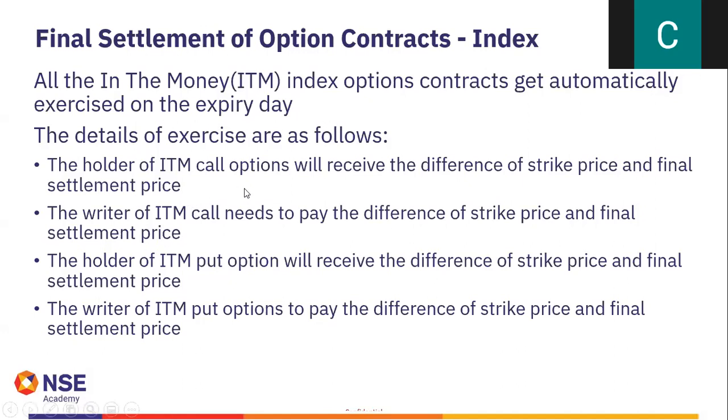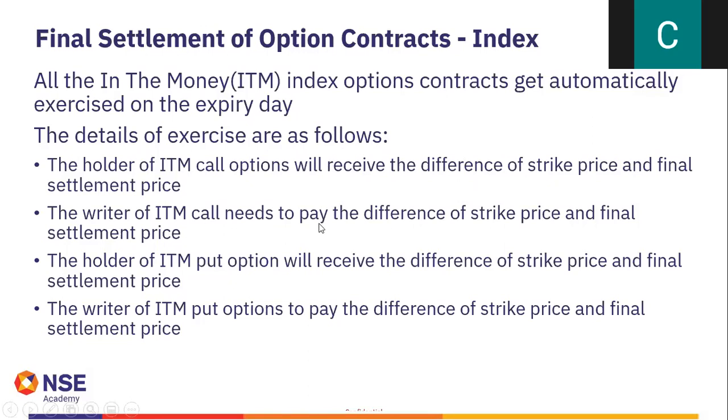So the holder of ITM call options will receive difference of strike price and final settlement price. So here it's an index option. So that's why I am mentioning difference of prices, because there is nothing like we can deliver Nifty. We will only settle in cash. The difference of price will be settled. The writer of ITM option will need to pay the difference, obviously, since the holder of call option, buyer of call option, will be getting profit.